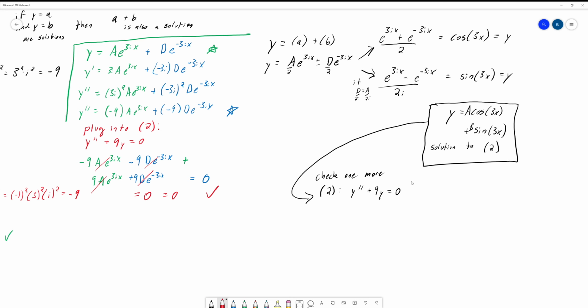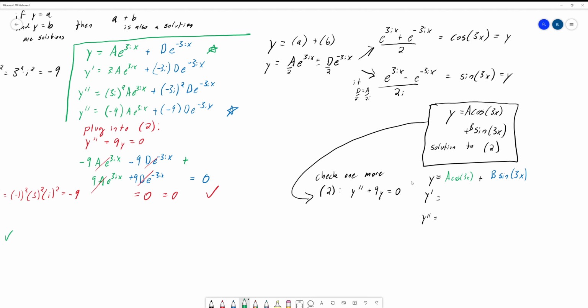And so if we have y equal to a cosine 3x plus b sine of 3x, then let's calculate what y prime and y double prime are.